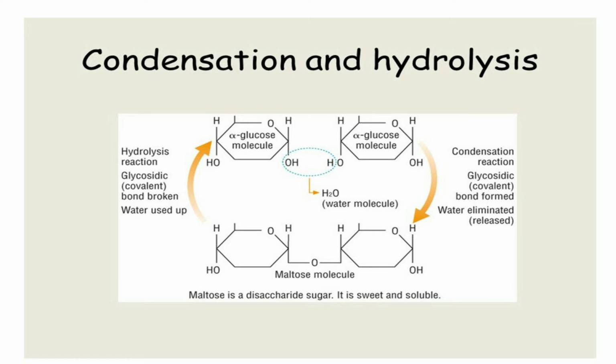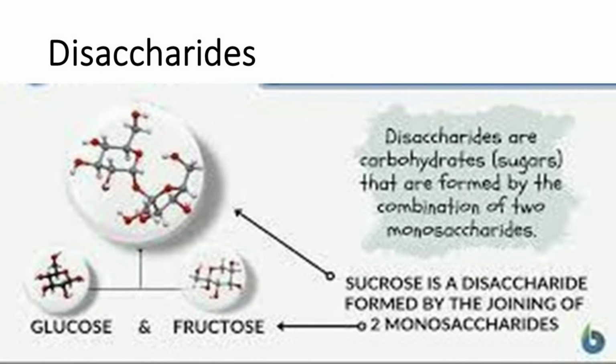The two separate monosaccharides link together with a single oxygen. A disaccharide, called a double sugar, is a molecule formed by two monosaccharides or simple sugars. Three common disaccharides are sucrose, maltose, and lactose. They have 12 carbon atoms and their chemical formula is C12H22O11.